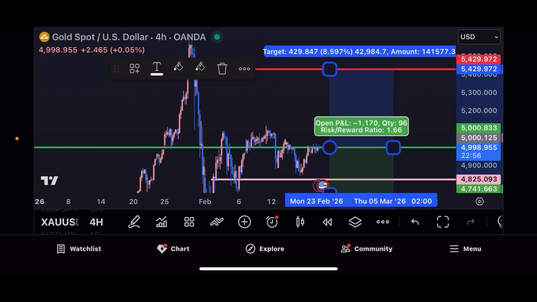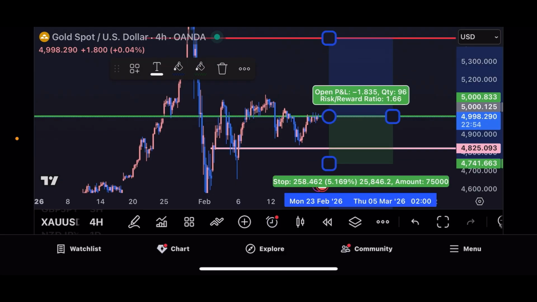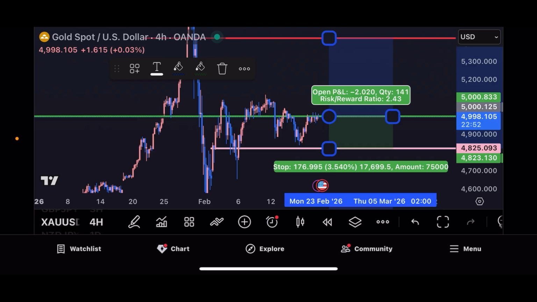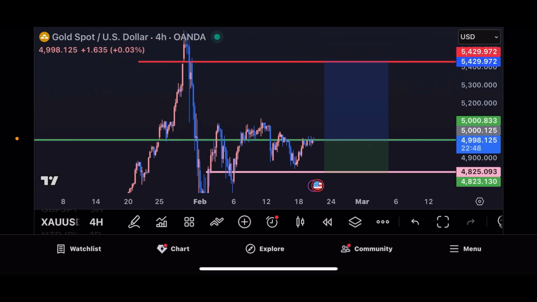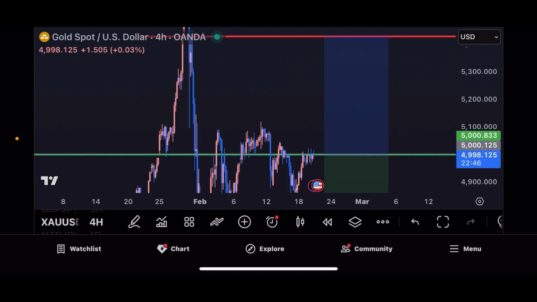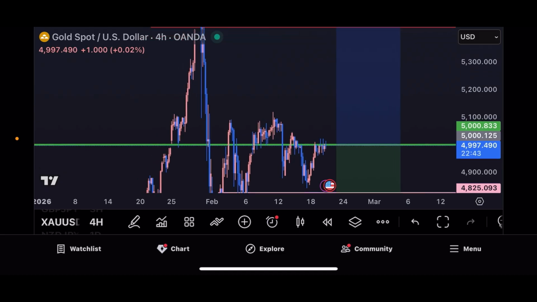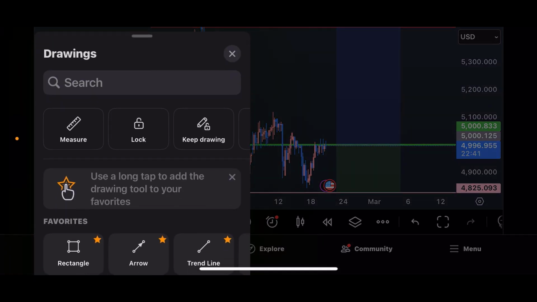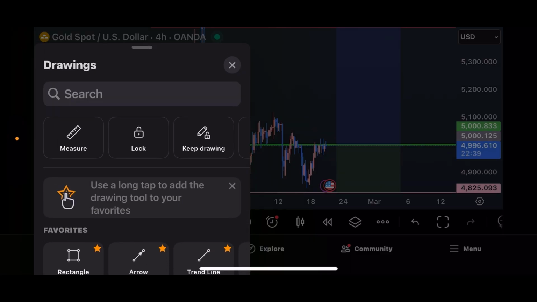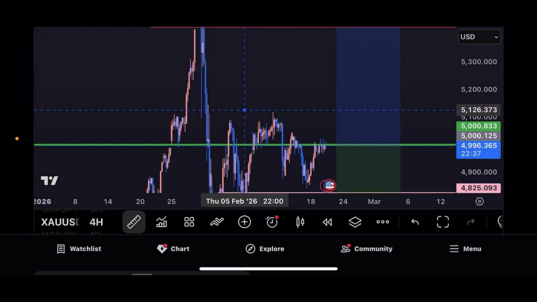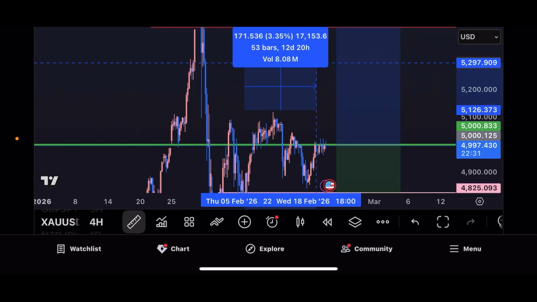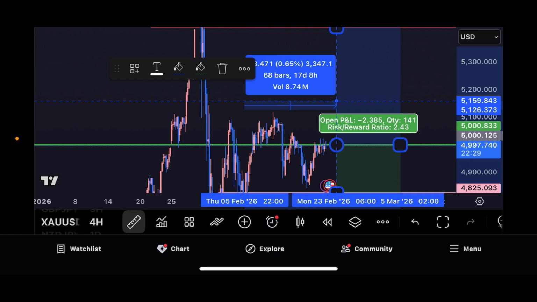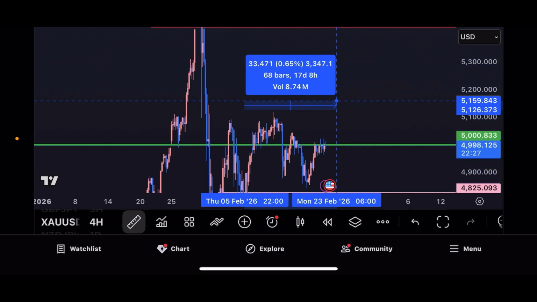So with gold moving 4,000 pips, if we were to go in at a 0.01 lot size, that's 10 cents, we would make $400 per each tick. If we were to go in and put a 0.10 lot size, we would make $4,000 for each tick.